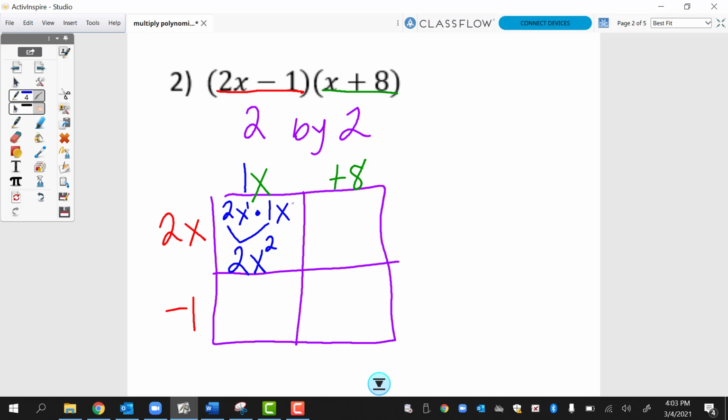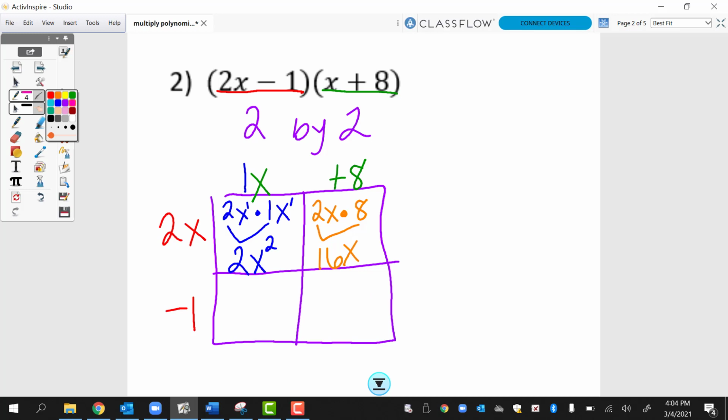Okay, great. Next box. In this box over here, I'm doing 2x times positive 8. I multiply the big numbers, 2 times 8 is 16. How many x's? Well, just the 1x in this box.